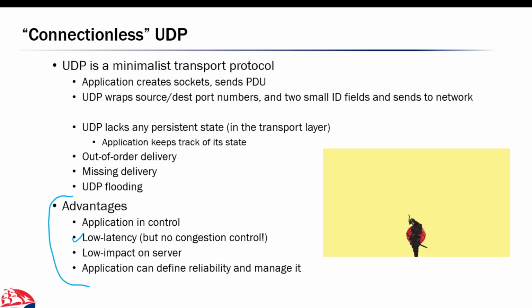Low impact on the server, because if I don't need reordering, if I don't need connection tracking and missing delivery tracking and stateful tracking, then UDP is the thing. Much lower impact on the server than TCP.